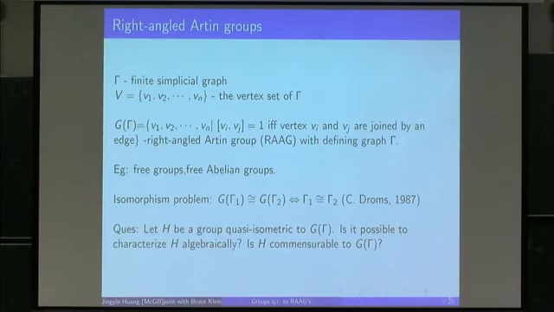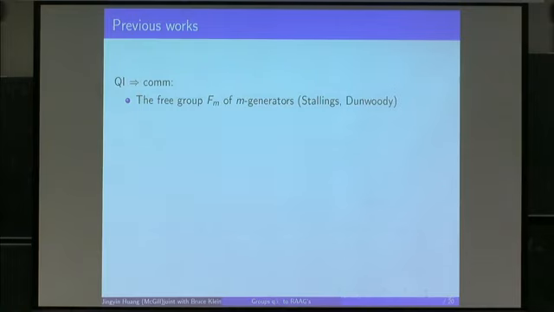Let me first remind you of some previous work in this direction. Perhaps the most famous, and also one of the earliest, rigidity results is for the free group: it is known that any group quasi-isometric to a free group is commensurable to the free group.